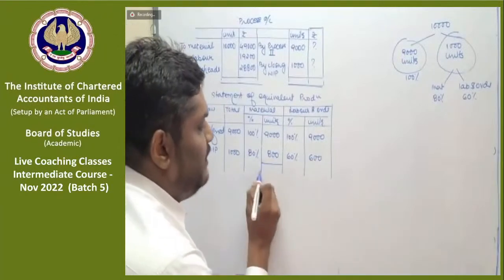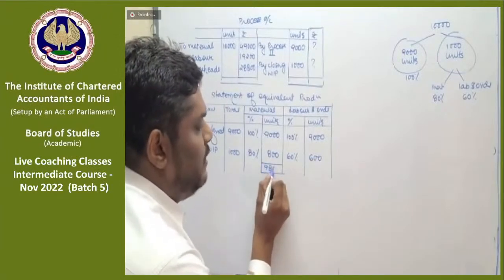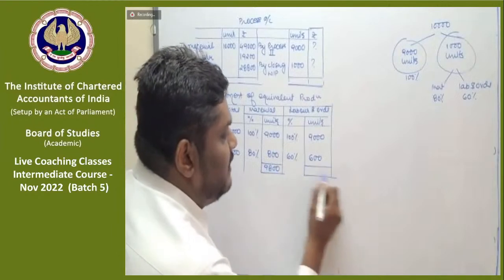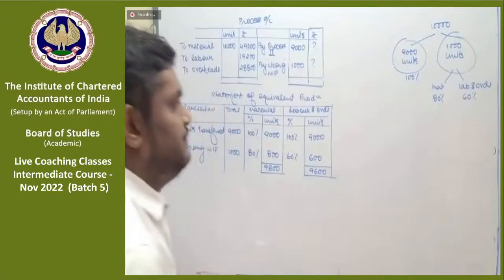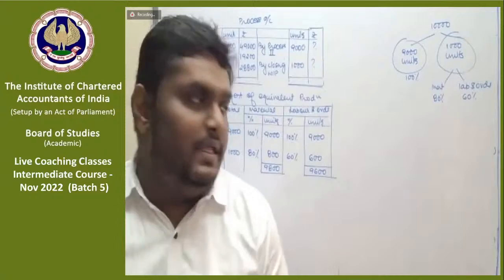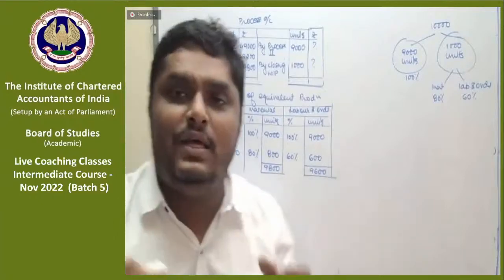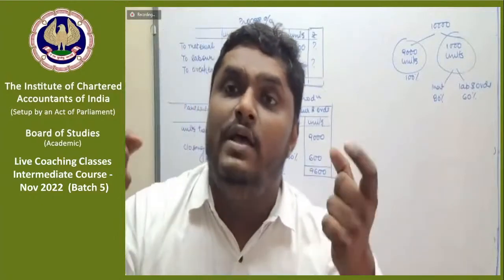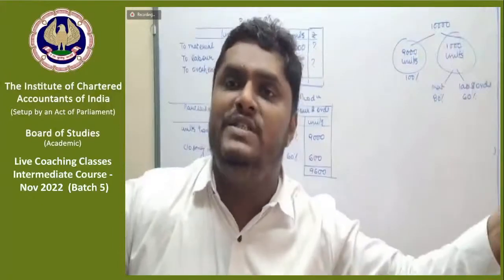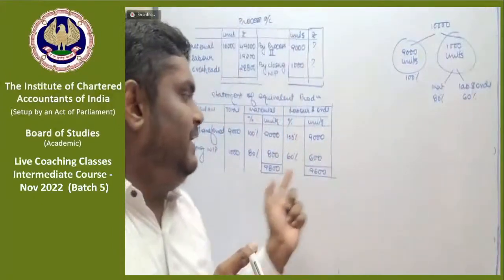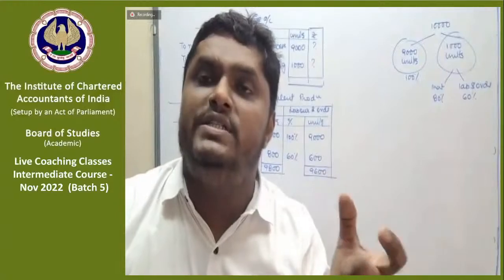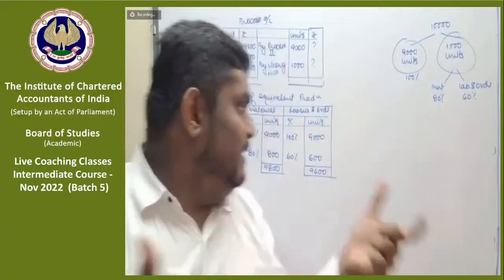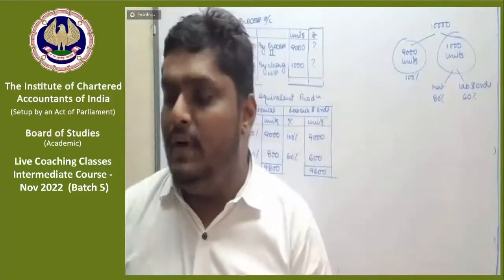So now we have got the equivalent number of units, that is 9,800 and 9,600. These 9,800 and 9,600 units represent the units that are 100% processed in case of material, and 9,600 units represents 100% units that are processed in case of labor and overheads.